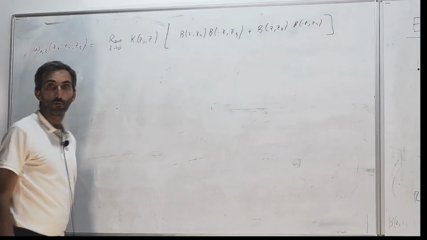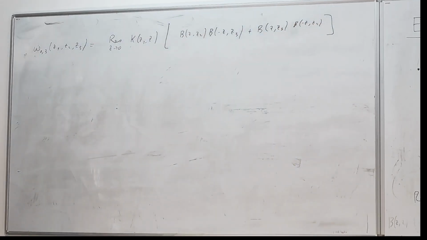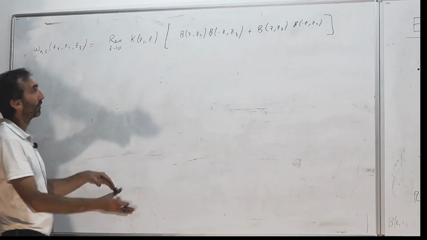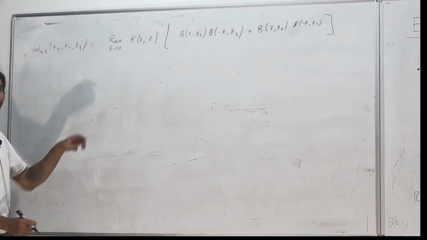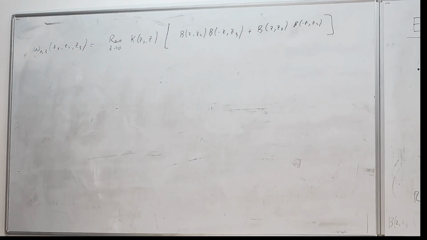In fact, both terms will give the same value. I could remove this one and put a 2 in front. We'll get the same thing, but you have to make sure.